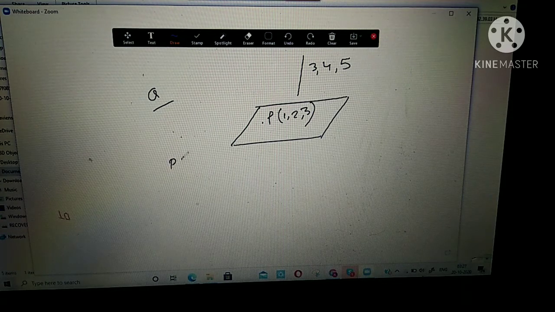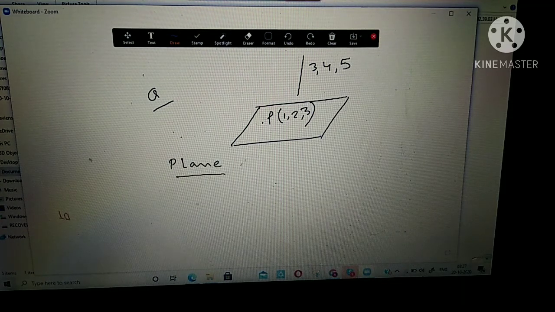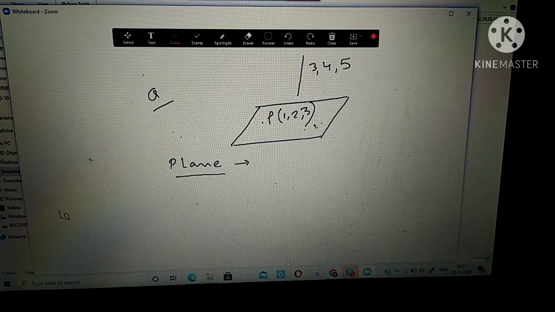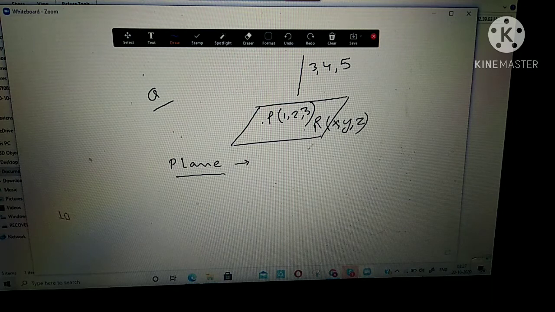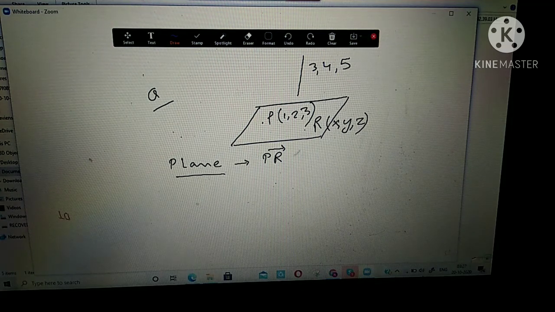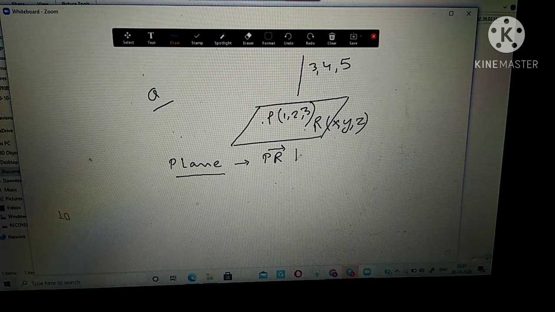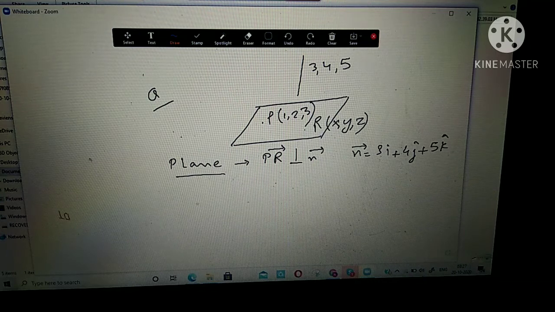In that case we can write the equation of the plane using the Cartesian form. We take a point R, say x, y, z. Then obviously PR vector will lie in the plane, and 3, 4, 5 are the direction ratios of the normal. Therefore PR vector is perpendicular to the n vector, which is 3i cap plus 4j cap plus 5k cap.